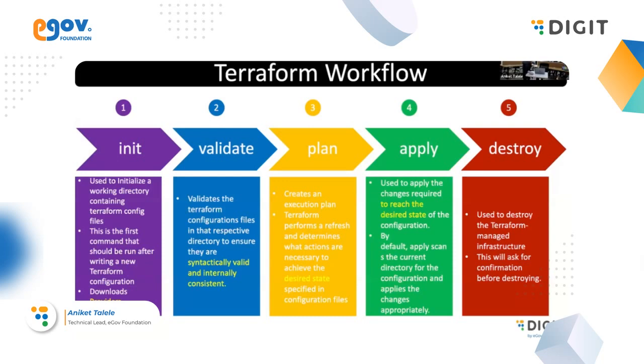Then you do terraform plan. Terraform plan basically tells you how it is going to create the infrastructure. In the output, it will print everything, like what all resources it is going to create. So steps 1, 2, and 3 don't actually create the environment. They are just for you to see if everything is fine.